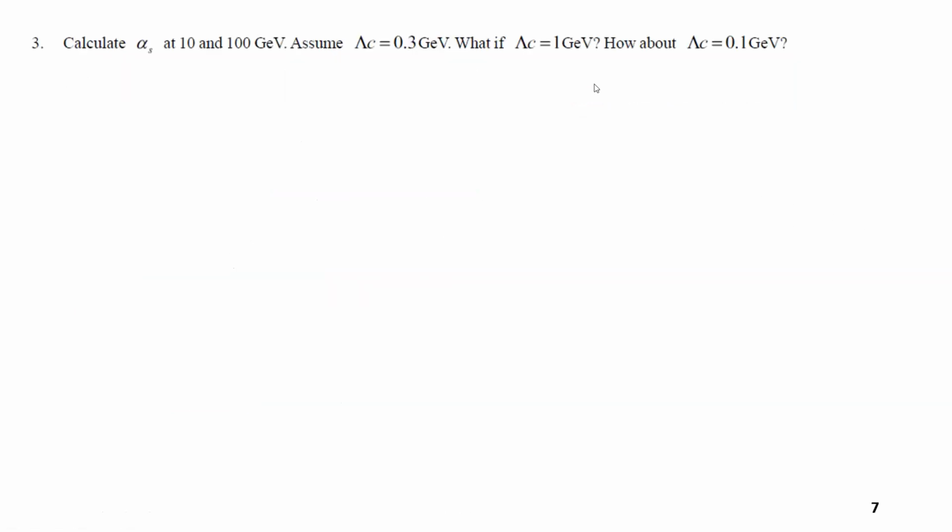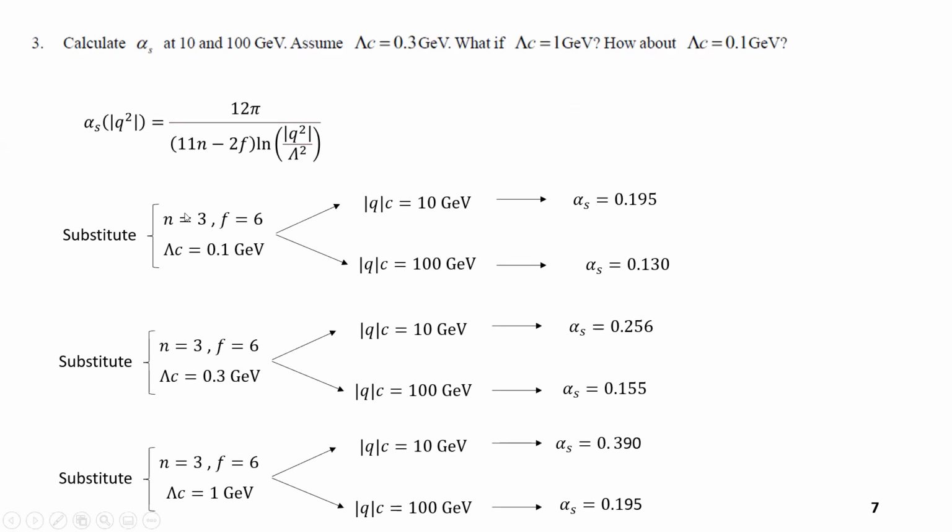In question 3, we want to do some substitution. We just make use of the expression that we derived in question 2 and simply substitute. In the standard model, we have 3 colors, red, green, blue, and we have 6 flavors of quarks.